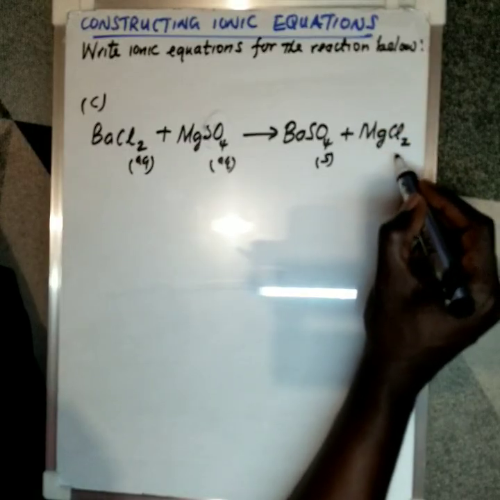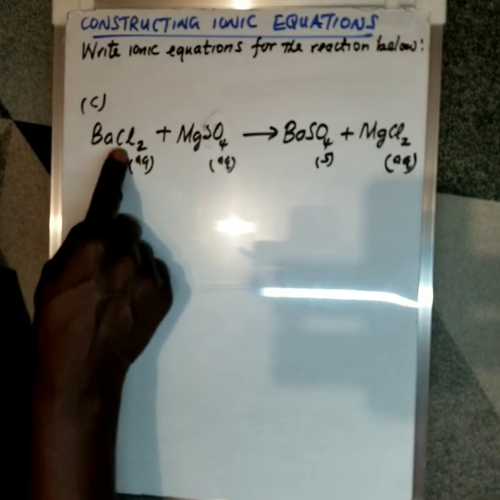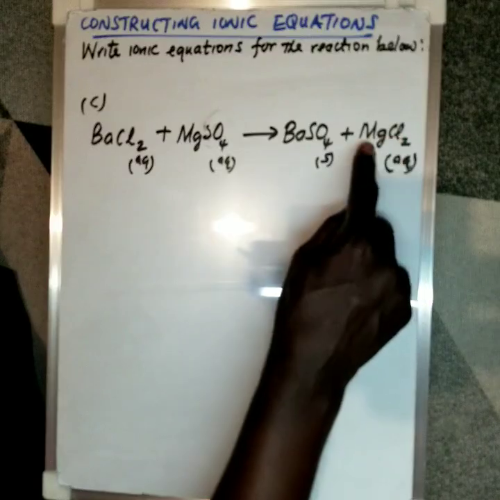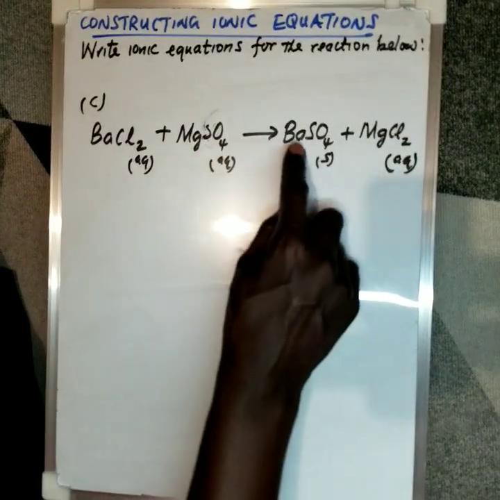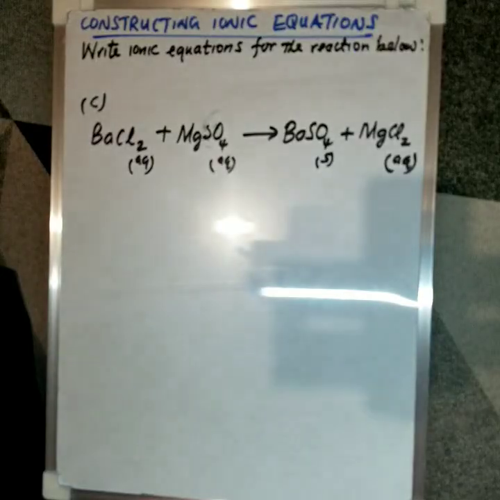And that magnesium chloride is in aqueous form. So the question is, is the equation in this case balanced? If I look at it, 2 chlorine, 2 chlorine, 1 magnesium, 1 magnesium, 1 barium, 1 barium, the sulfate, SO4, so it's actually balanced.